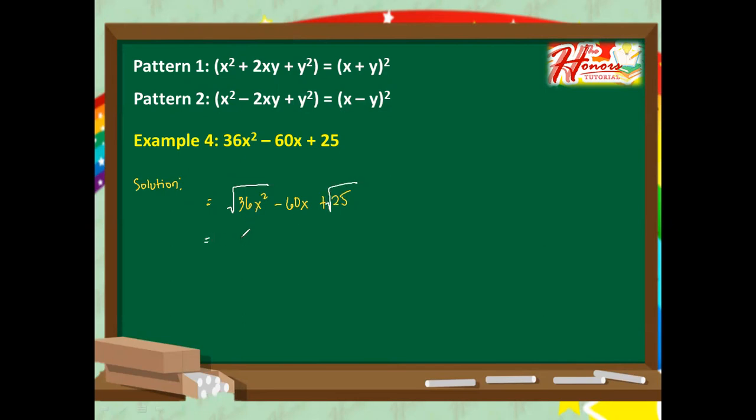So square root of 36 is 6, square root of x squared is x, square root of 25 is 5, and then write parentheses and exponent 2 outside the parentheses. As you can see, we have here minus and plus in the given. So minus and plus, that's pattern 2. So we should have minus here. And the final answer is the quantity of 6x minus 5 squared.